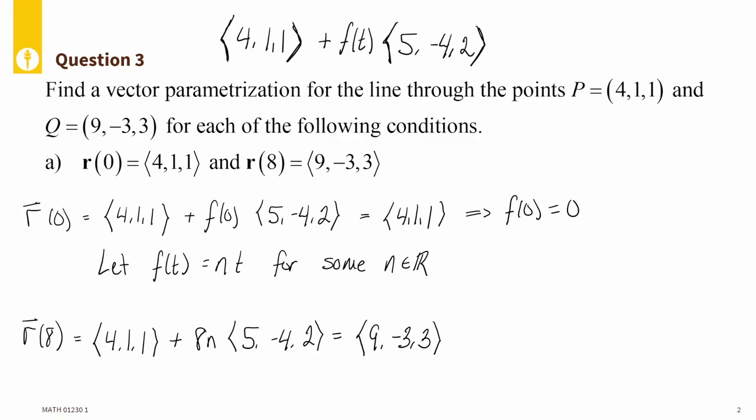Let's find that n. Subtract that 4, 1, 1 vector from both sides. Find negative 3, 3 minus the 4, 1, 1.